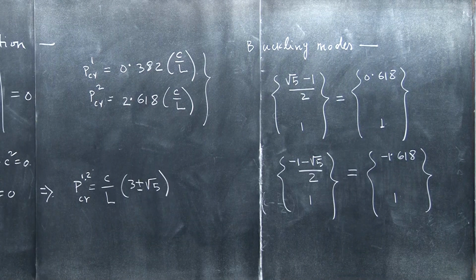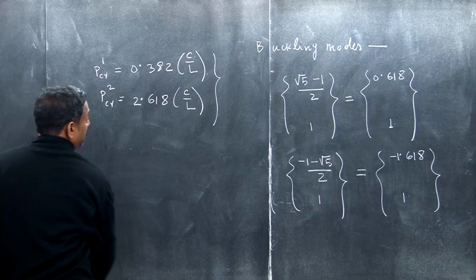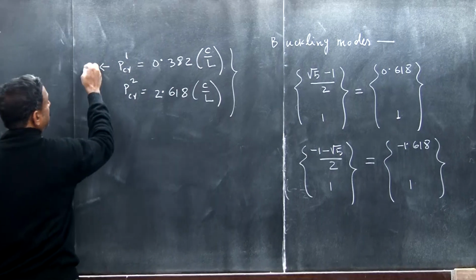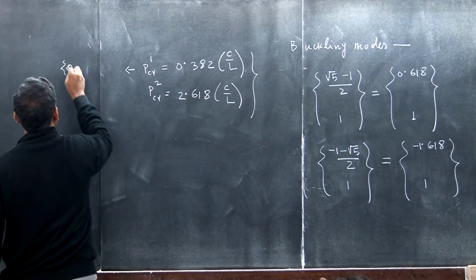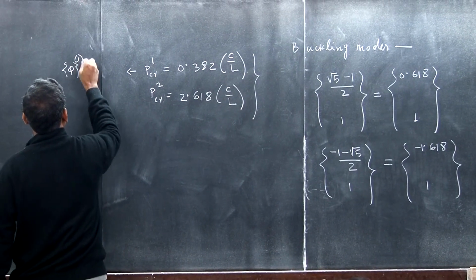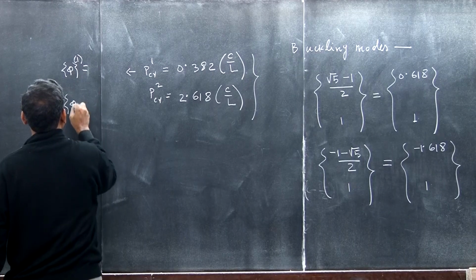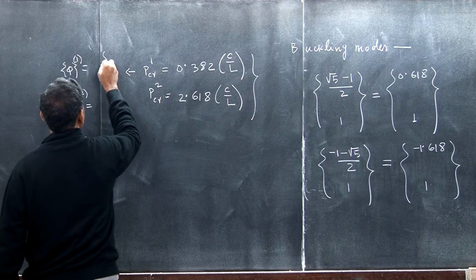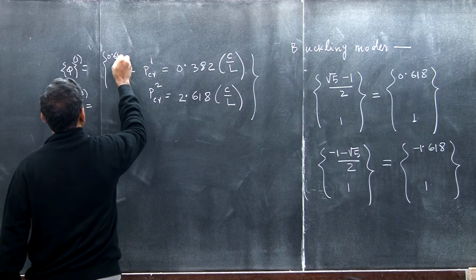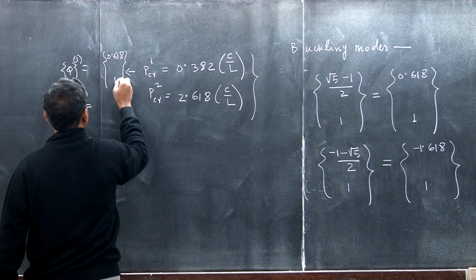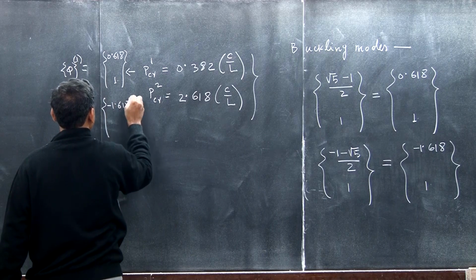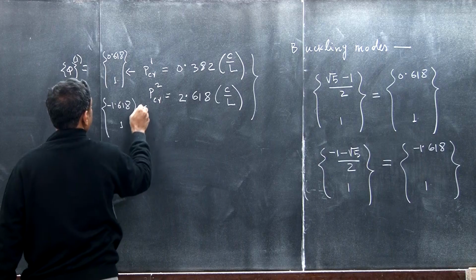So here you see the first eigenvector, I am going to write phi 1, and phi 2 as this one, 0.6181, and here it is minus 1.6181, okay.